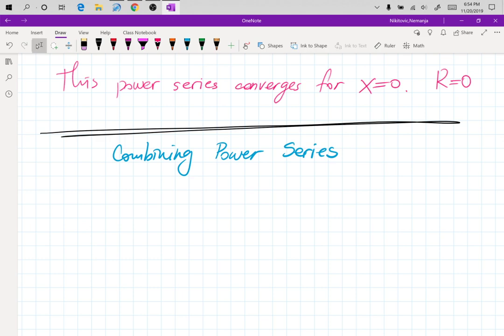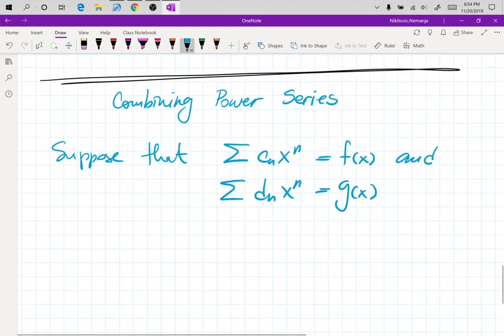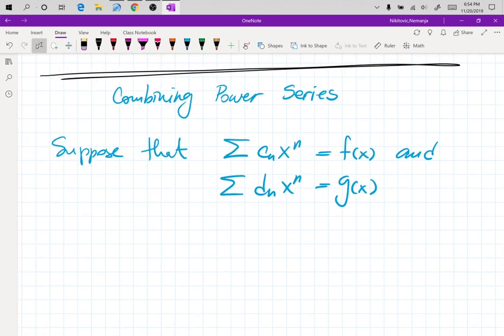So, suppose that the summation of Cn x to the n converges to f of x, and the summation of dn x to the n converges to g of x. So these are the two conditions.